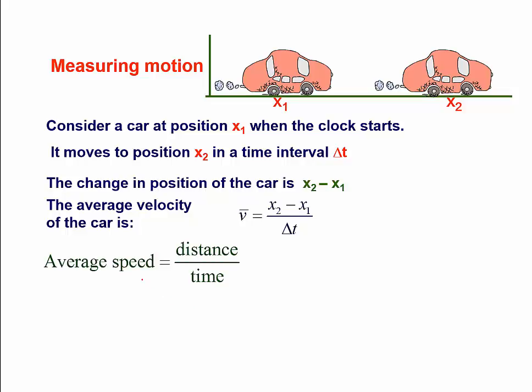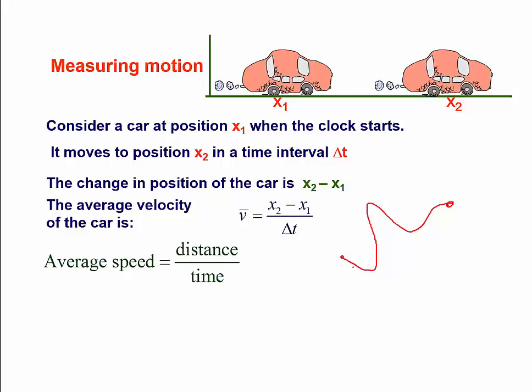Whereas average speed is distance divided by time. There is no mention of direction there. In the case of displacement, it's always the final position minus the initial position. You see, if you are here, and after some time you are here, your displacement is the final position minus the initial position. But the distance traveled, you may have taken a path something like this.